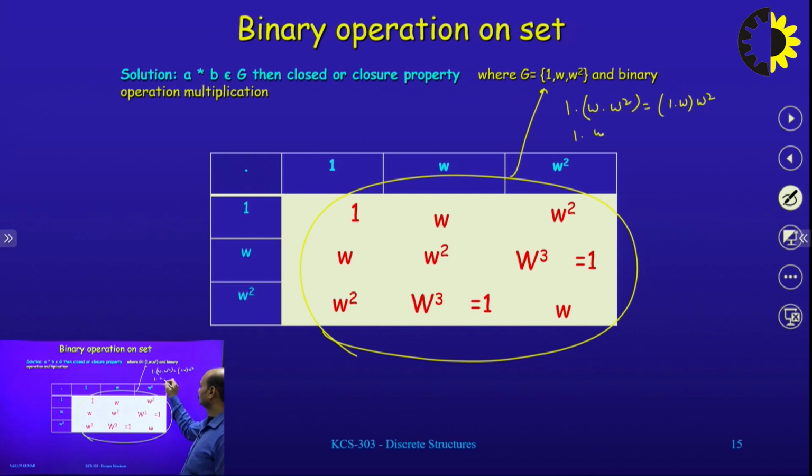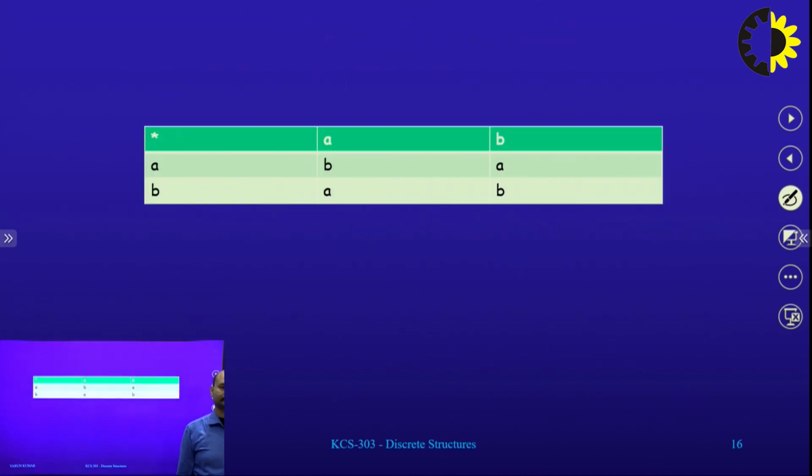What is 1 dot omega to the power 3? Omega to the power 3 becomes 1, so that is 1. And here, omega dot omega square is omega to the power 3, which becomes 1. So, left hand side is equal to right hand side. So, we can say that this algebraic structure also follows the associative property under binary multiplication.